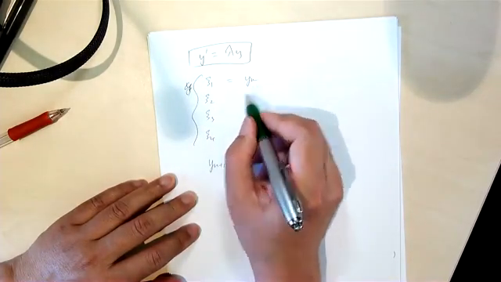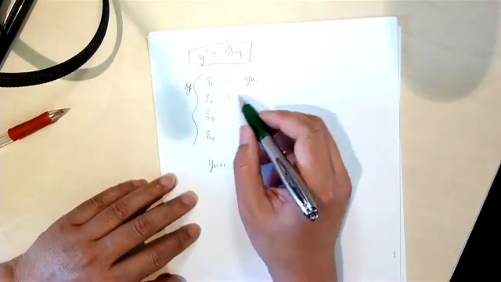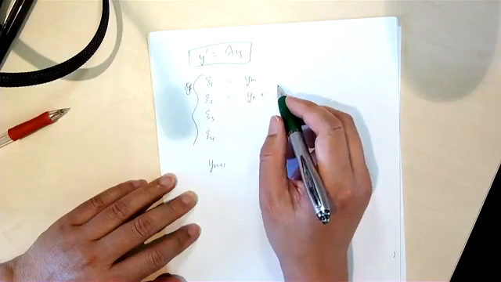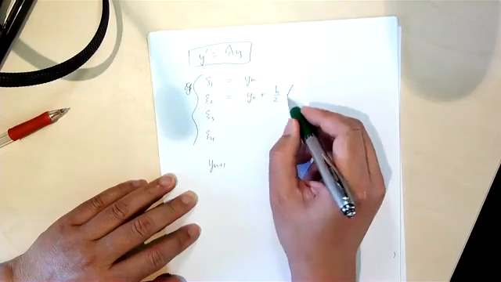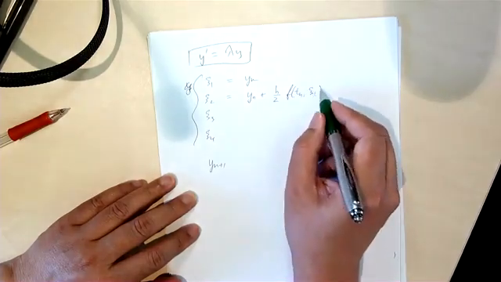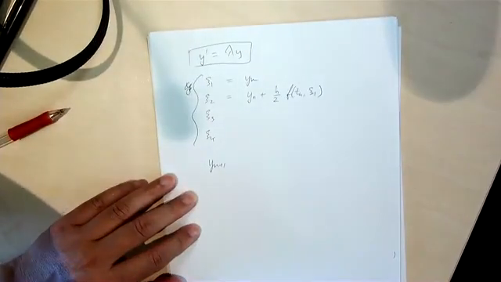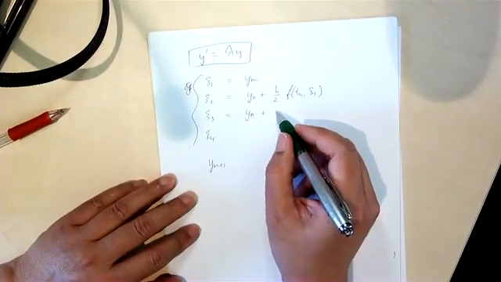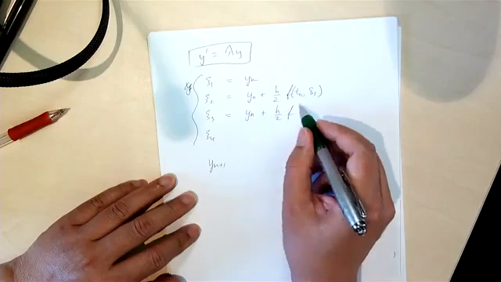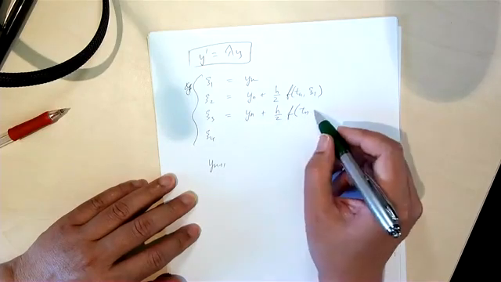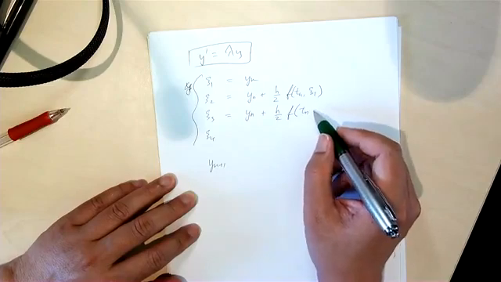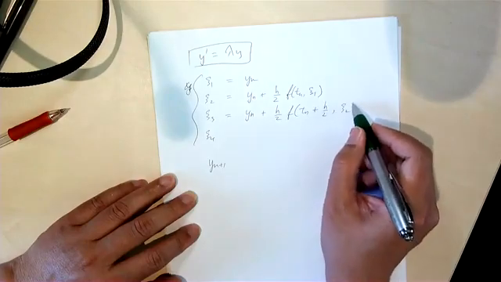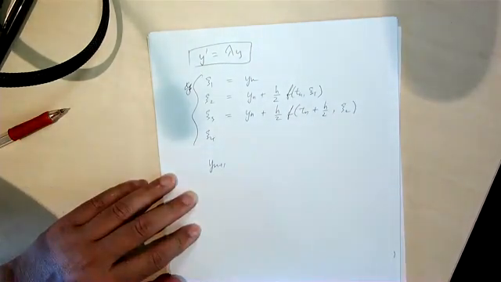Xi1 will be y_n, xi2 will be y_n + h/2 f(t_n, xi1), according to this table, and xi3 will be y_n + h/2 f(t_n + h/2, xi2), by this second row.